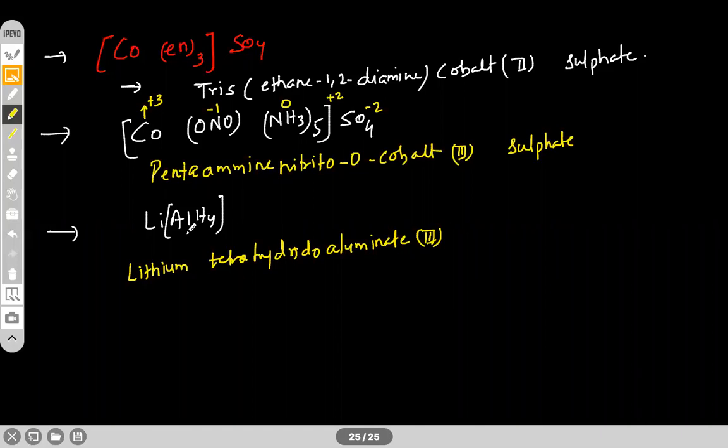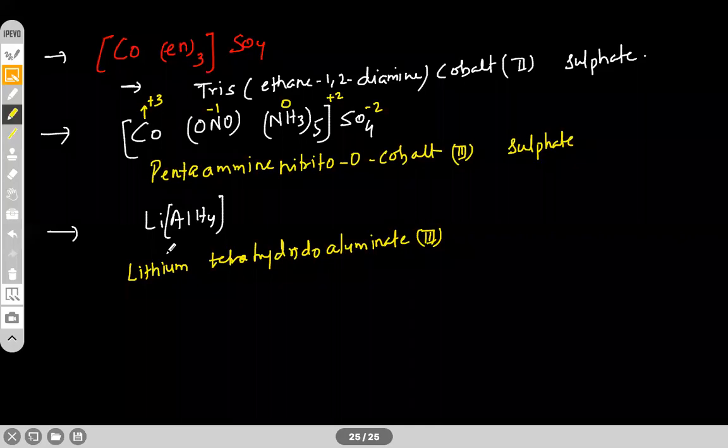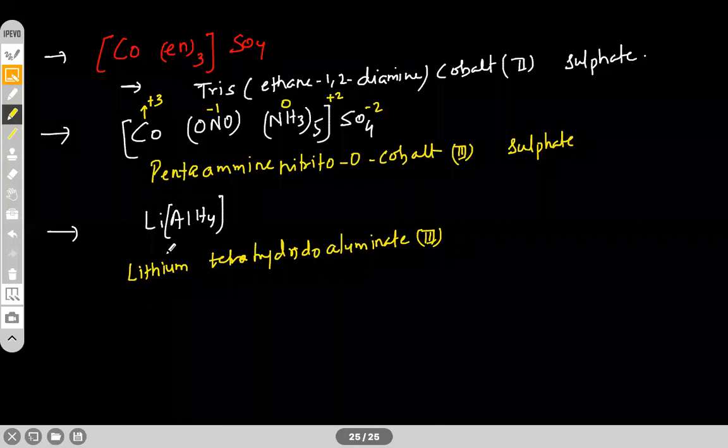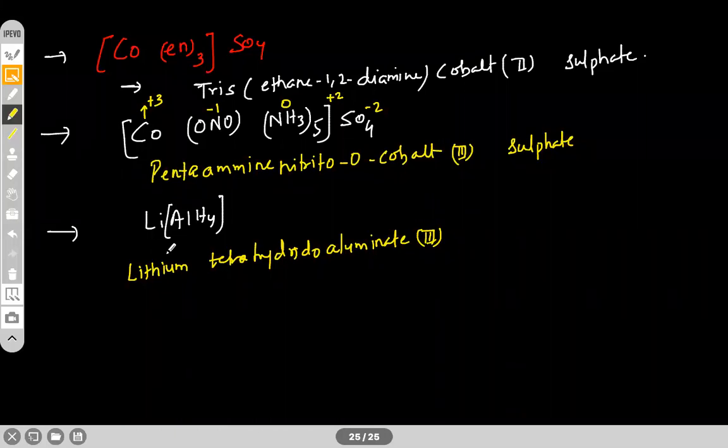We are using this reagent in order to provide hydride ion, correct? So for that purpose, we use the necessary conditions which are required. It's just that we are talking about it retaining its identity in solution. Yes, sir. Got it, sir.